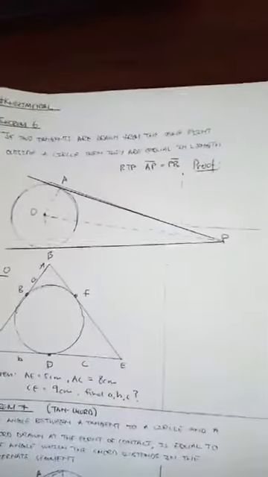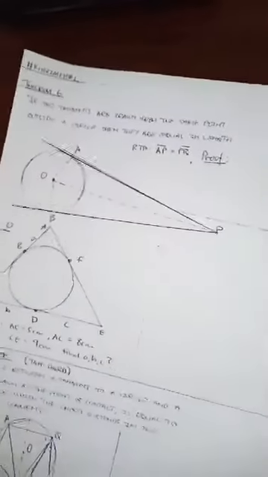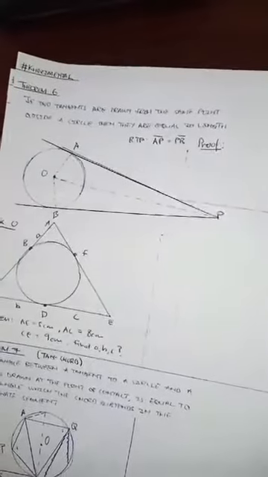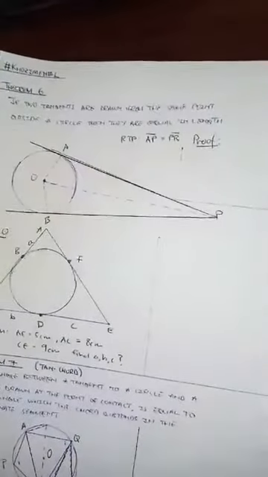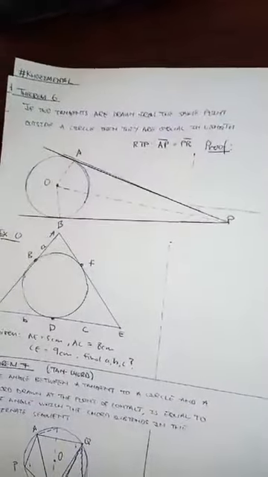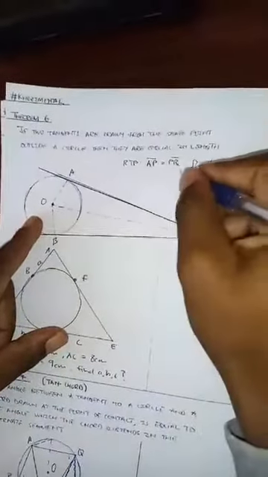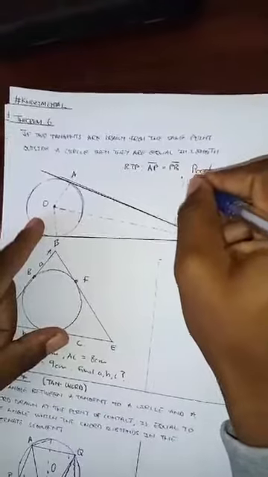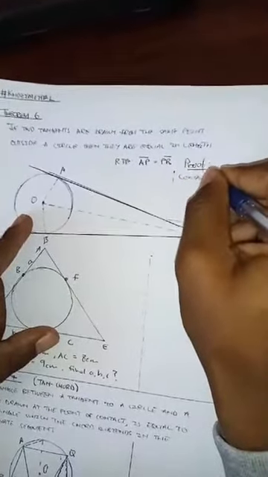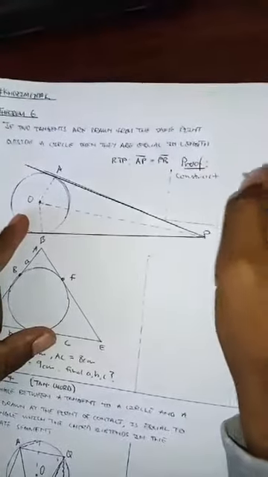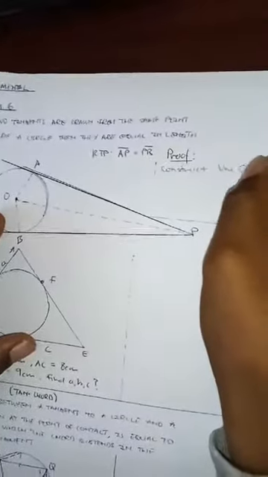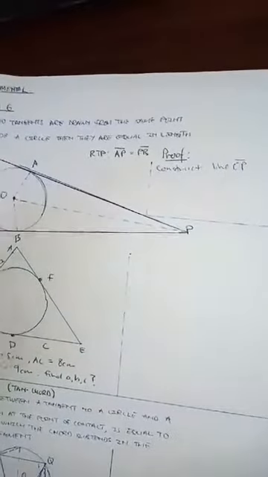Geometry is about shapes and lines, so of course you need to be very observant when you deal with geometry. So we've constructed the line OP. That's the first thing we have done. This is just our construction.